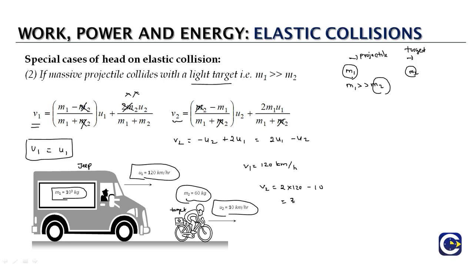That will be 240 minus 10, which is 230 kilometers per hour. So we see that after the collision, the cyclist would start moving with a very high speed, equal to 230 kilometers per hour. So this is what we have in the case where the projectile is very heavy in comparison to the target.